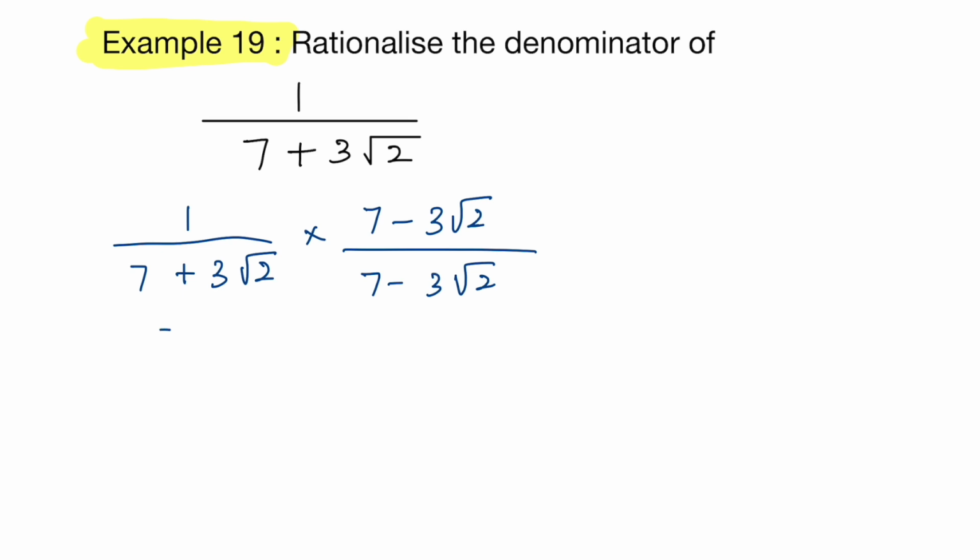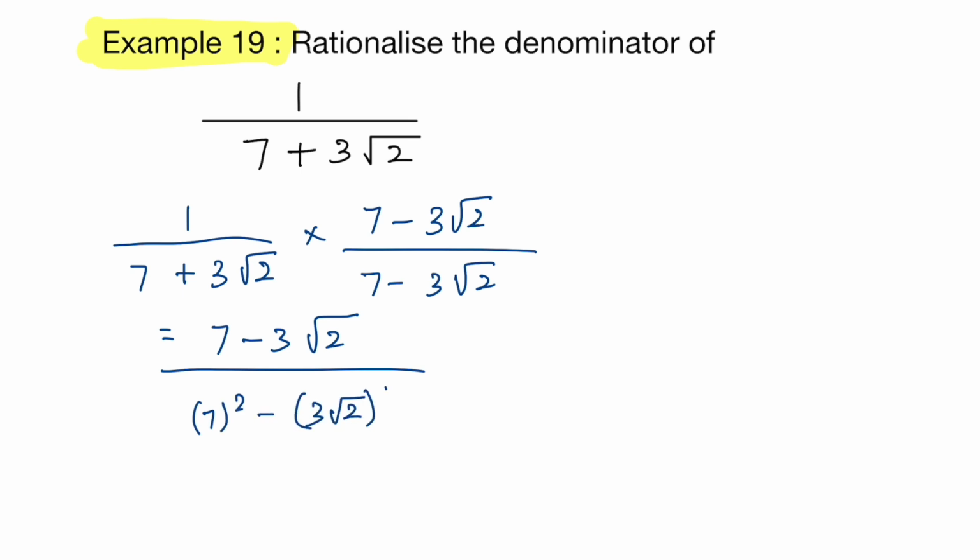So that is going to give you 7 minus 3 root 2 divided by a squared minus b squared, right? So 7 squared minus 3 root 2 squared. So what exactly does that value come up to? So 7 squared is 49, minus 3 squared is 9, and 9 times 2 is 18. Let me just write it once again here.